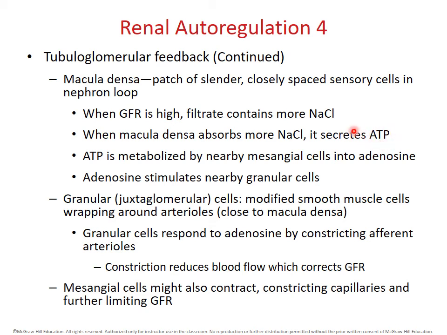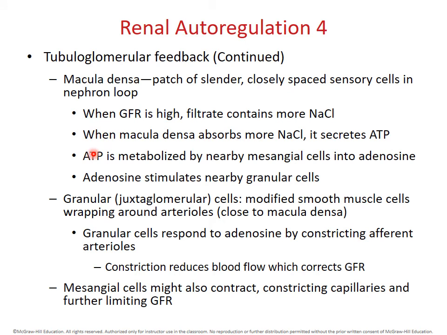ATP we're used to thinking of as an energy molecule, but in this case it's also going to serve as a signaling molecule. So just to follow along, if glomerular filtration rate is too high, we have too much sodium and chloride in the tubular fluid, macula densa cells absorb that sodium and chloride at a higher rate, and so they begin to secrete more ATP.